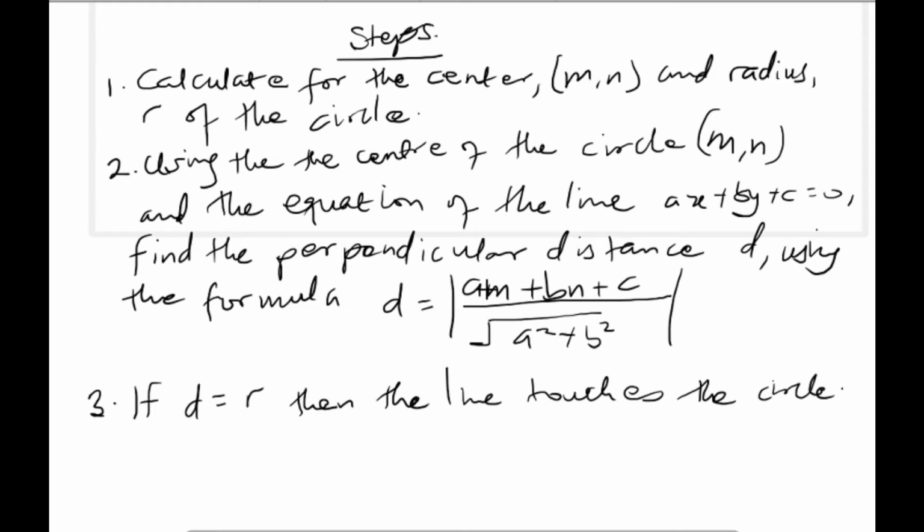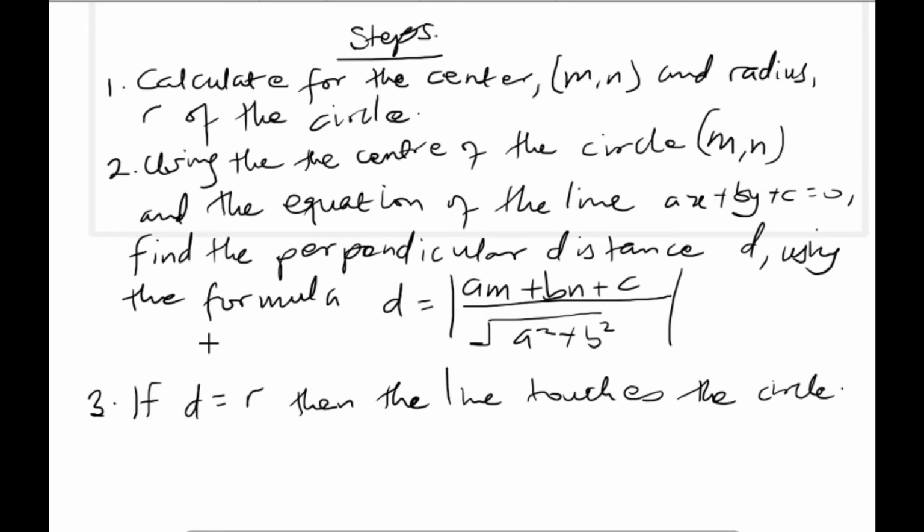the square root of a squared plus b squared. The a here is just the coefficient of x, and the b here is the coefficient of y. And we did that to find the absolute value, which means that we are only interested in a positive answer. We calculated for the radius here. After getting d, we check if they are the same. Then we conclude that the line touches the circle, or here I'm saying the perpendicular distance.